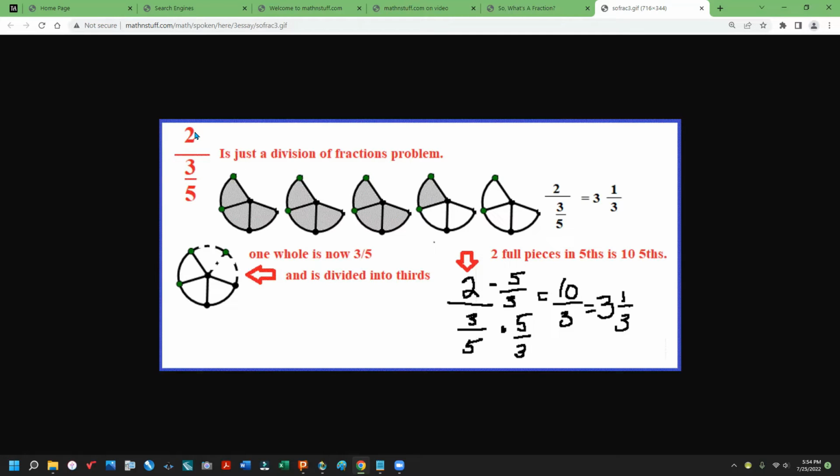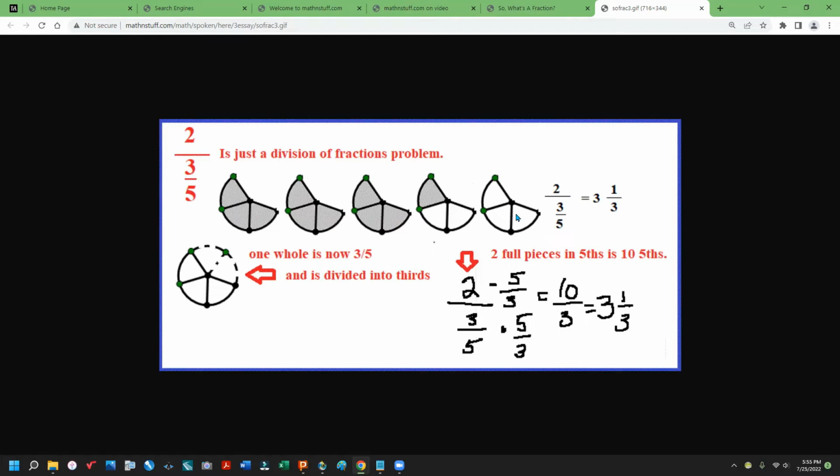In this case, we're looking at one fraction. The fraction is 2 divided by 3/5. 2 is the number of pieces we have, the number of whole pieces. 3/5 is the size of one whole, the size is in the denominator.